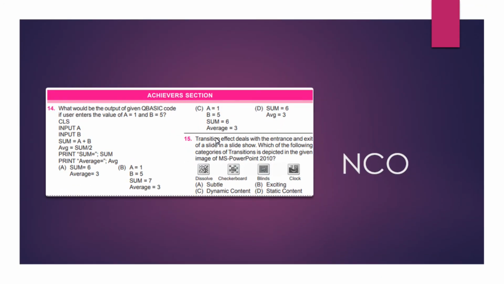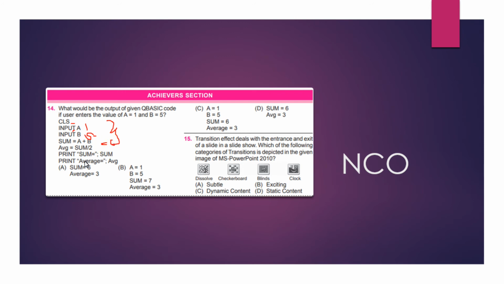Next, achiever section. This we had actually solved in the NCO session last week. So CLS, clear screen. Input A is given as 1. Input B is given as 5. The sum of 5 and 1 is 6.